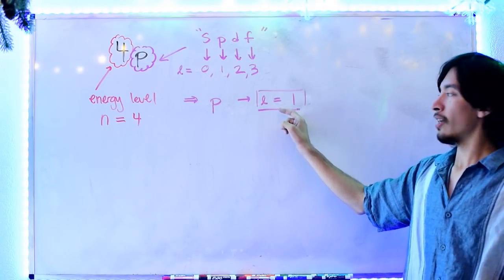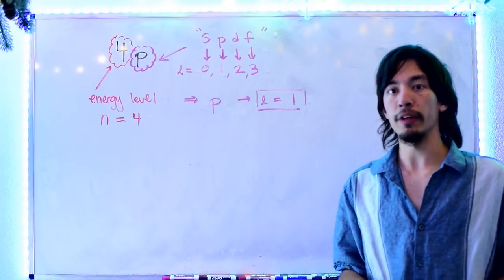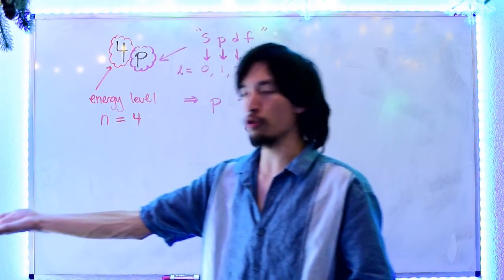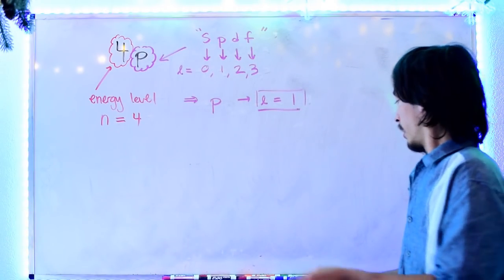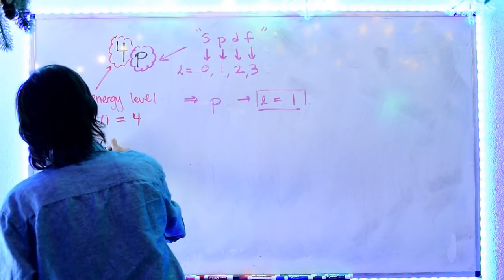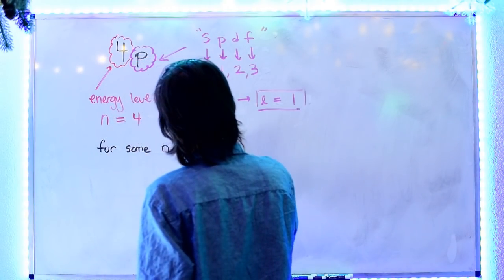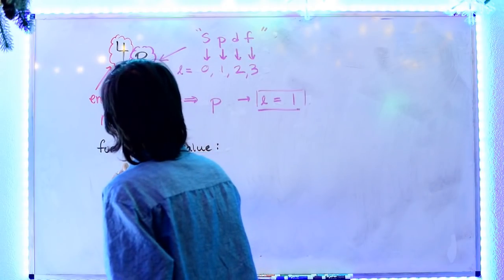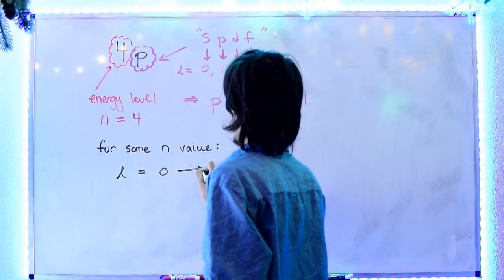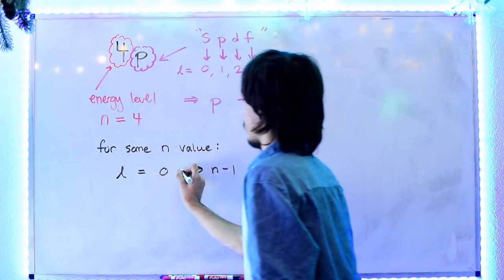to 1. Now, from here, I want you to tell me the number of configurations that I can have that follow this condition, or, as I said, how many electron states can there be. So there are a few rules you want to remember: for some n value, your L values will range from 0 to n minus 1.